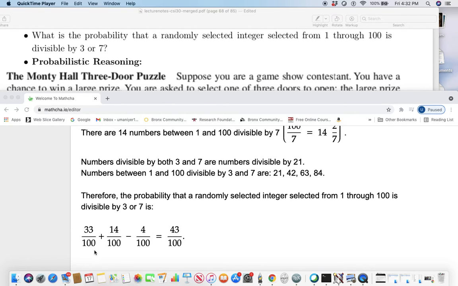So the probability of getting a multiple of 3, plus the probability of getting a multiple of 7, minus the probability of getting a multiple of 21. You have to subtract, right? In all, this is the required probability, 43 over 100.